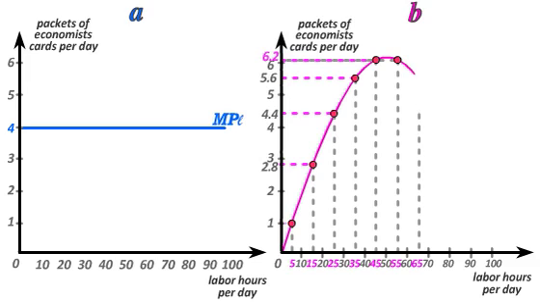Going from 60 to 70 workers, for instance, increases overall output by only 56, or about 5.6 per worker hour hired. And going from 70 to 80 workers increases overall output by only 44, or 4.4 per worker hour.